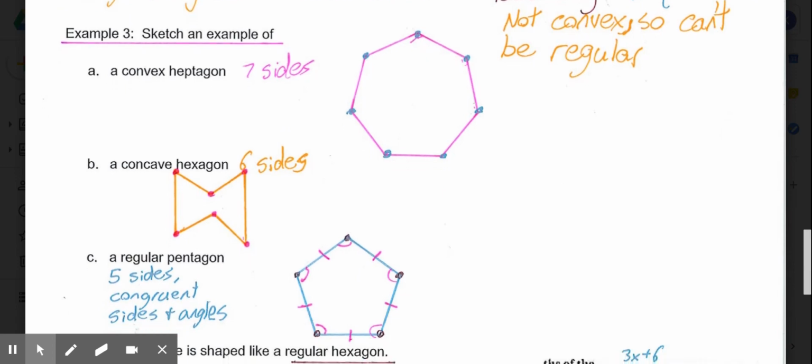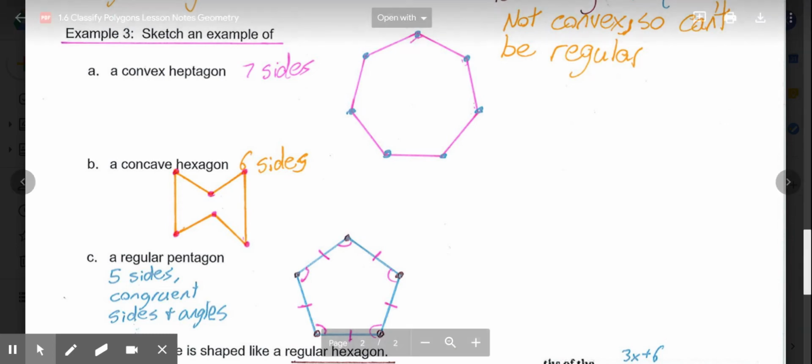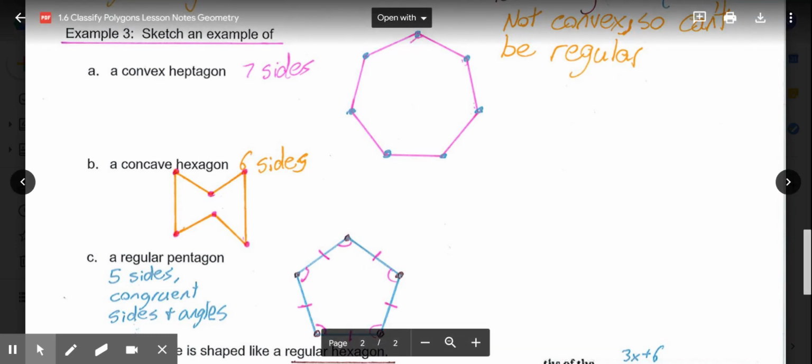Part 3 is asking us to simply sketch examples of the following figures. So a convex heptagon, 7 sides, and no side when extended could cut through the interior. It doesn't matter if the angles and sides are the same, as long as it's convex with 7 sides. So here would be one example.